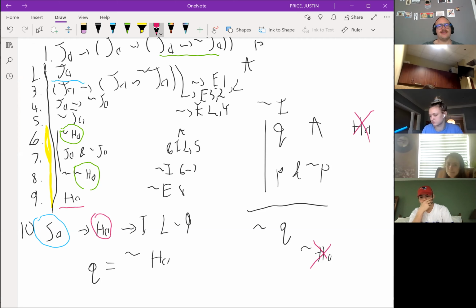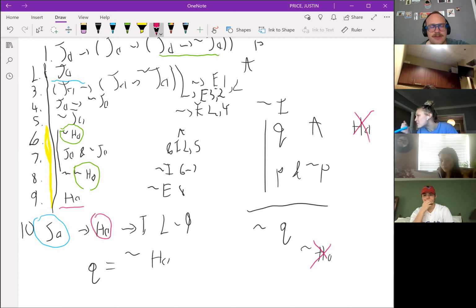No. So even though I see what you're saying, because we can assume anything and prove that contradiction because the contradiction already exists before that subderivation, the only thing that we could assume that would get us what we want is negation HA, because what we want is this unnegated HA, and to get that, we have to assume the opposite.